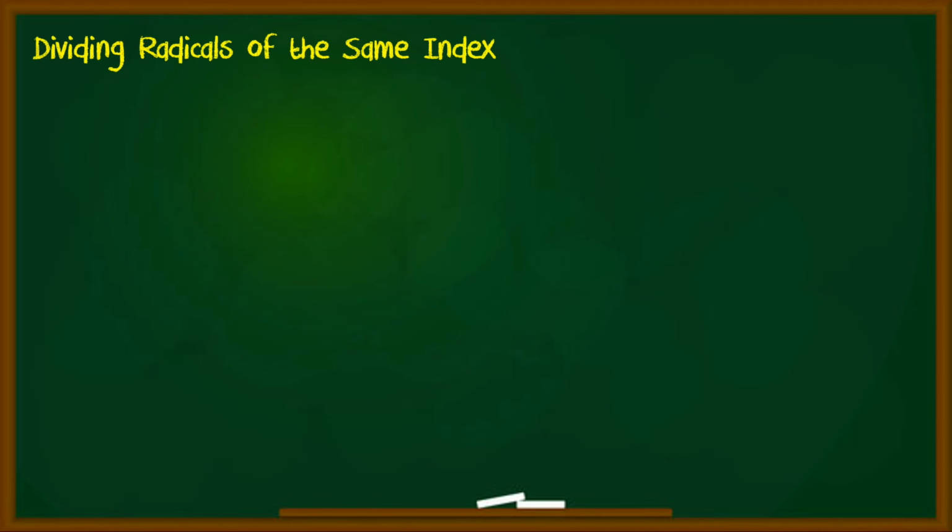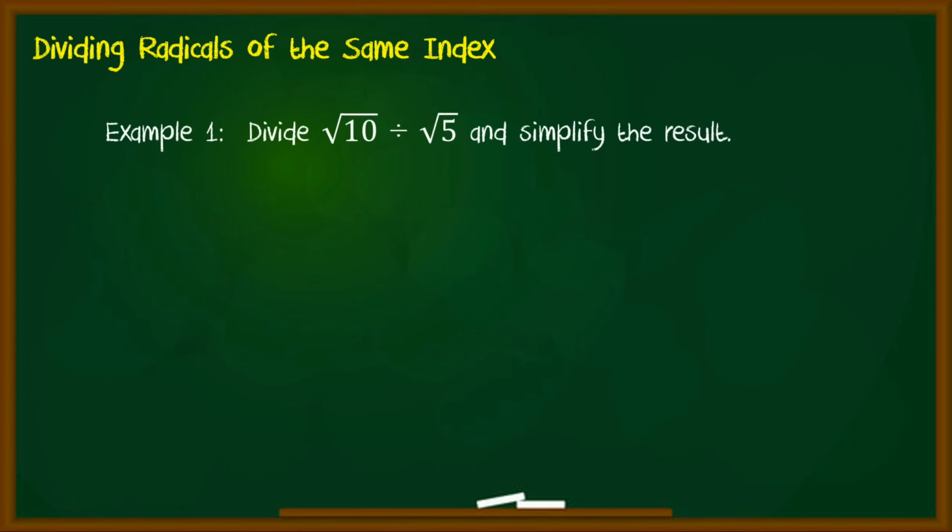Dividing radicals of the same index. Example number 1. Divide square root of 10 divided by square root of 5 and simplify the result. So for our solution, we have square root of 10 over square root of 5.